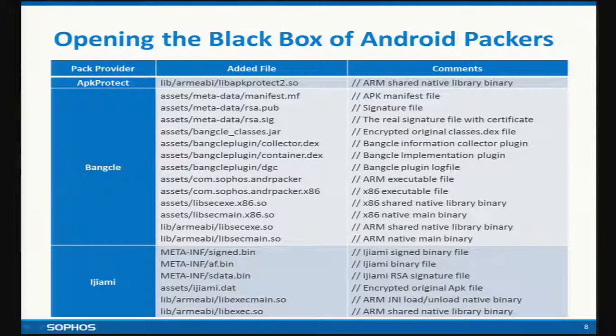It also inserts several information collecting plugins. Banco supports both x86 and ARM architecture by using different native libraries. iJiami is fairly simple. They just encrypt the original DEX file to the iJiami.data and only support ARM architecture.